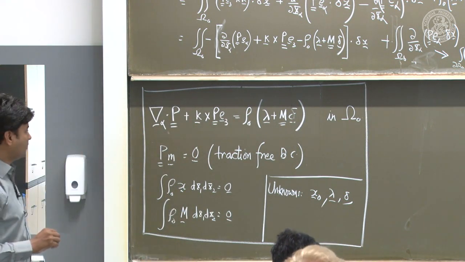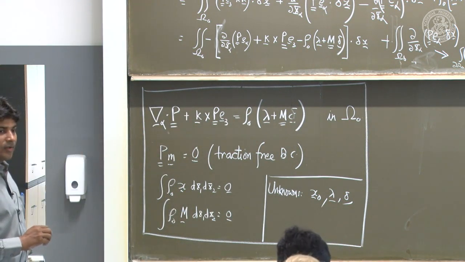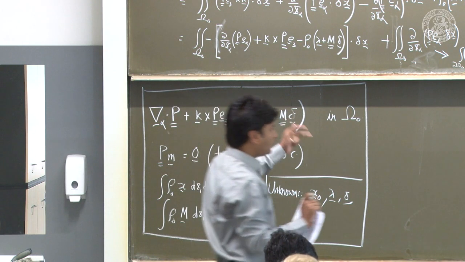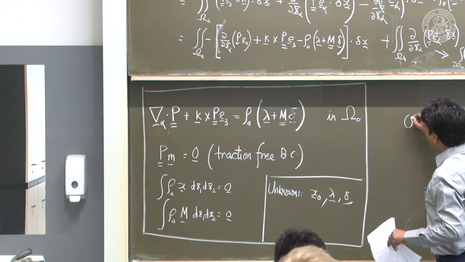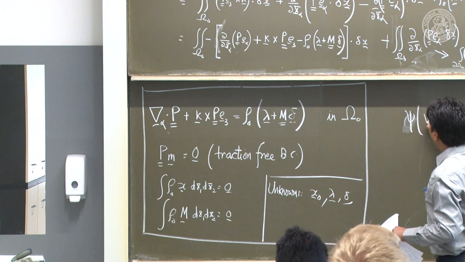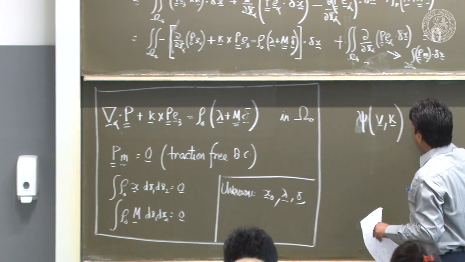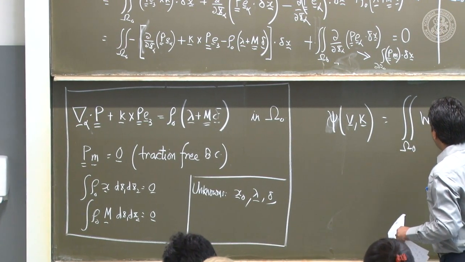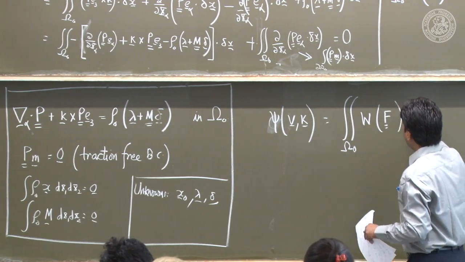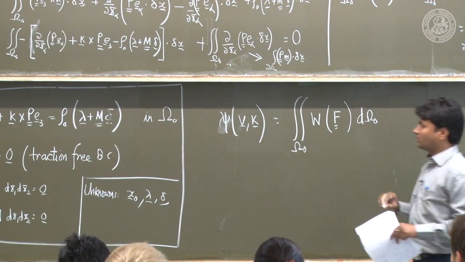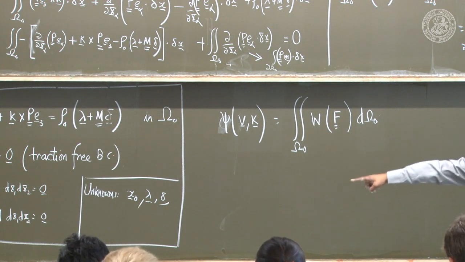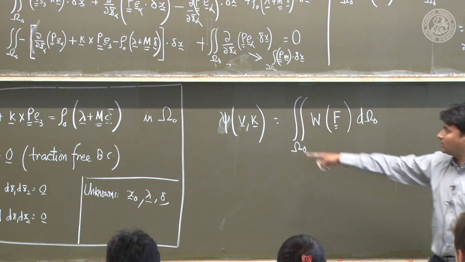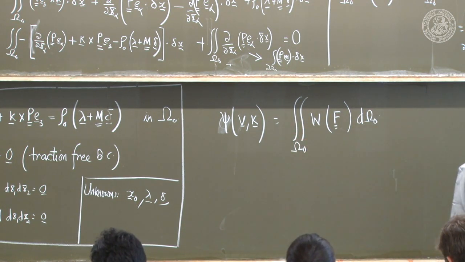That is it. So, once you solve this equation, you get your little x naught, and then your phi, the energy or the psi of v comma k, is then simply your integral over the cross section of w of big F d omega naught. So, once you get your little x naught, put that in your big F here, integrate over the cross section, that gives you your psi for your rod, 1D energy.